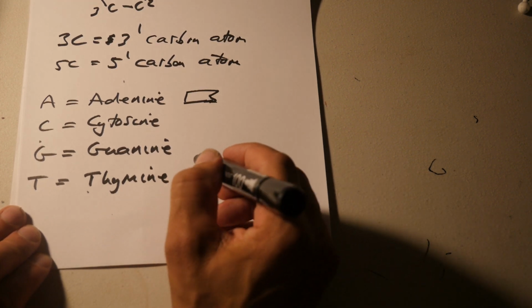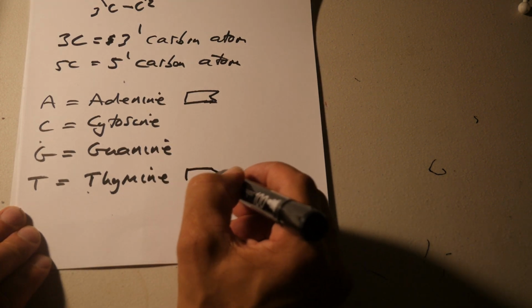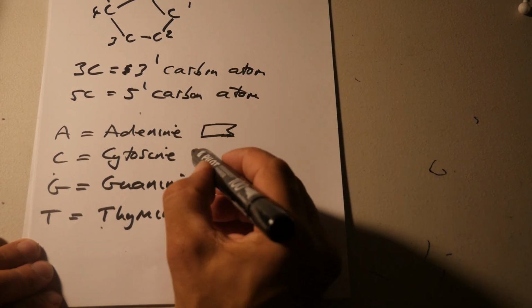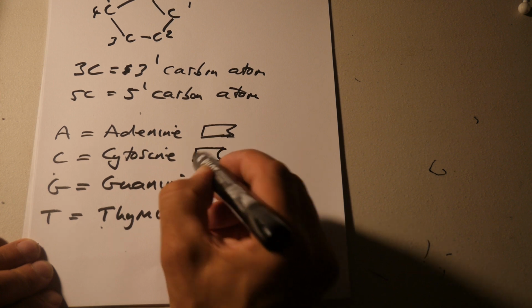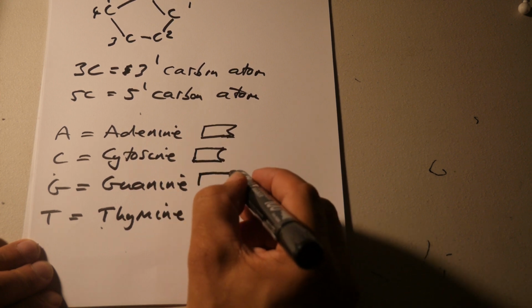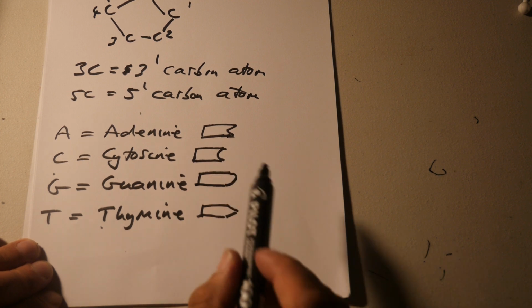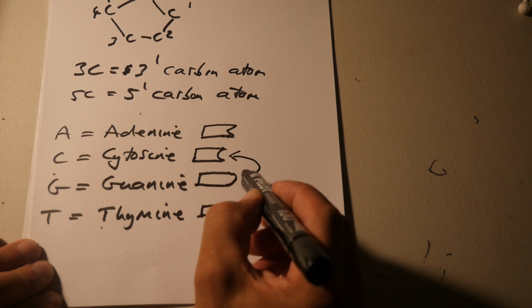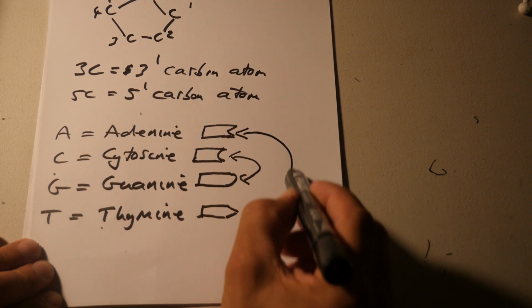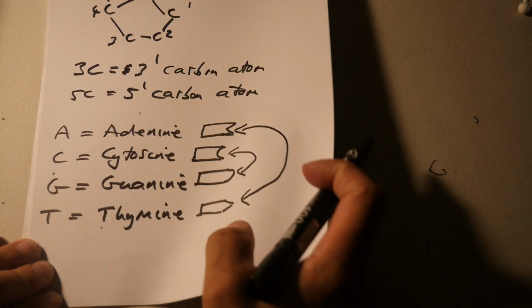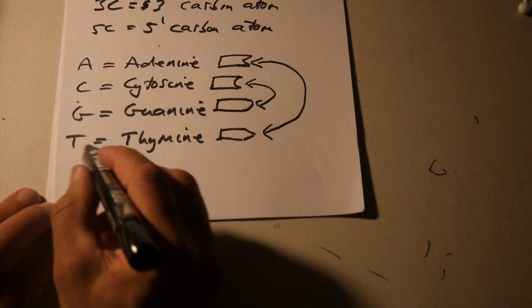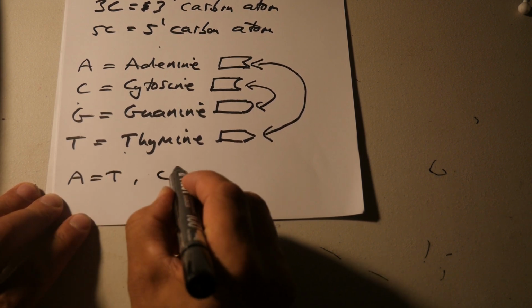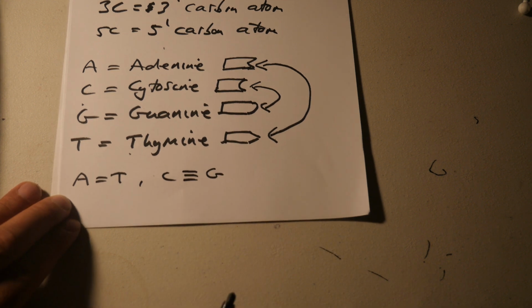So adenine is complementary to thymine and fits into that, and cytosine fits with guanine. A double bonds to T and C triple bonds to G.